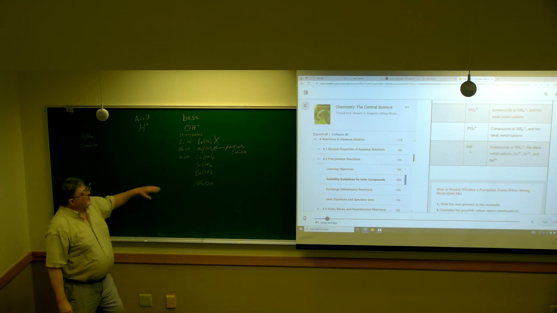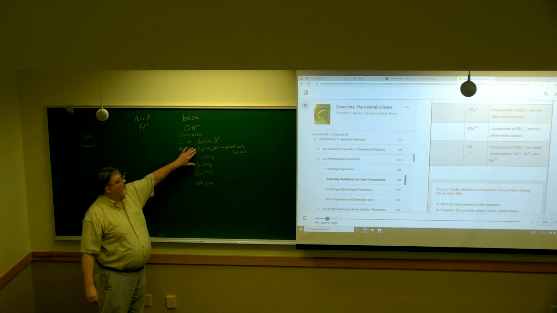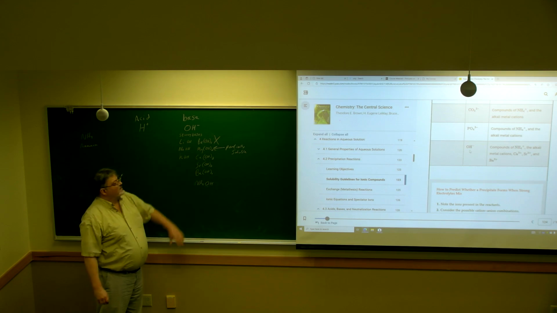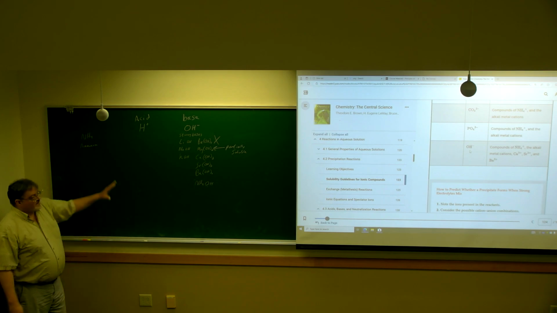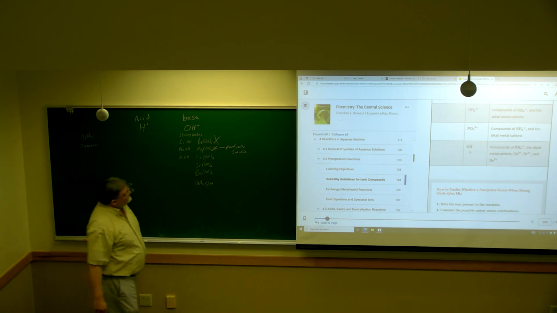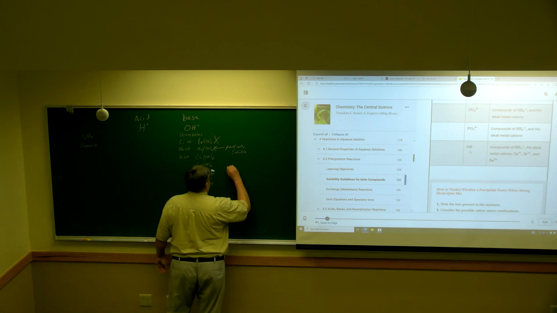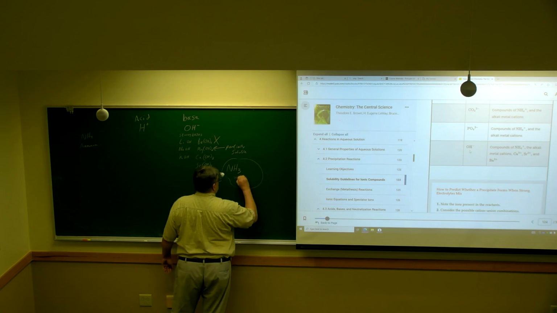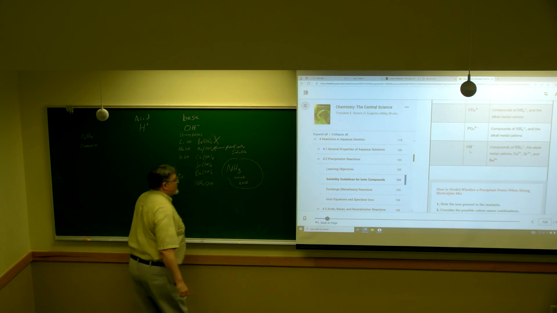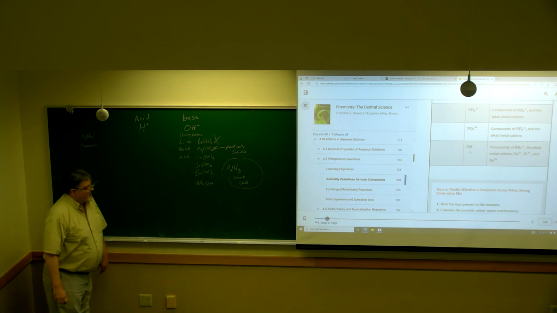So there's all your strong bases. I think we would still say it's a strong base, but it's partially soluble. So bases. NH3, which should look a little weird because it doesn't have OH on it. And this is a weak base. But I'll come back to NH3.